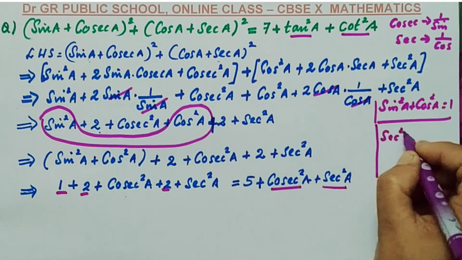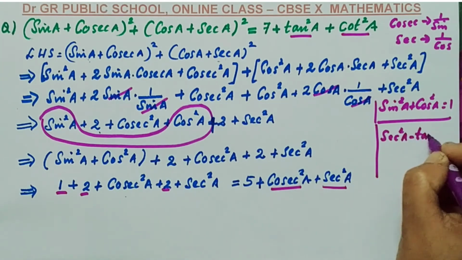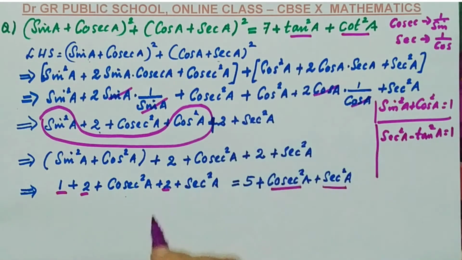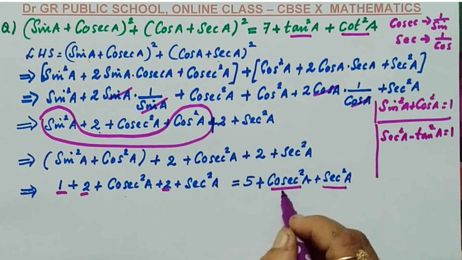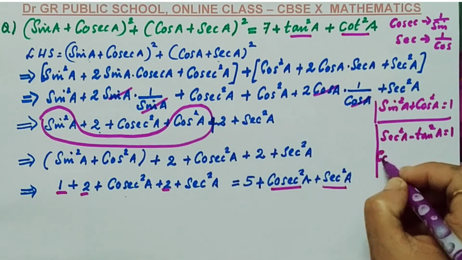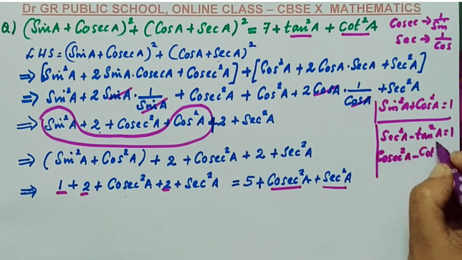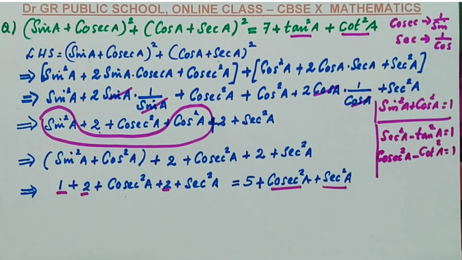Sec square A minus tan square A equal to 1. And what is the relation connecting cosec and cot? Cosec square A minus cot square A equal to 1.